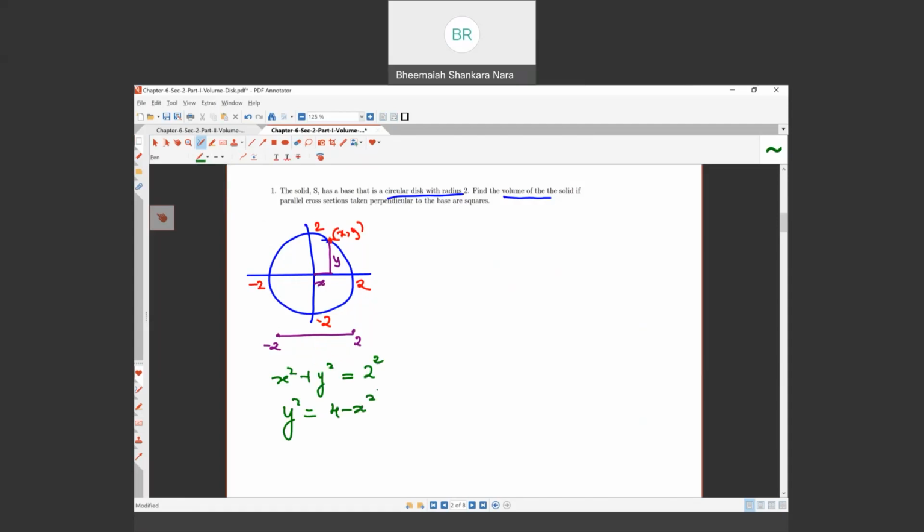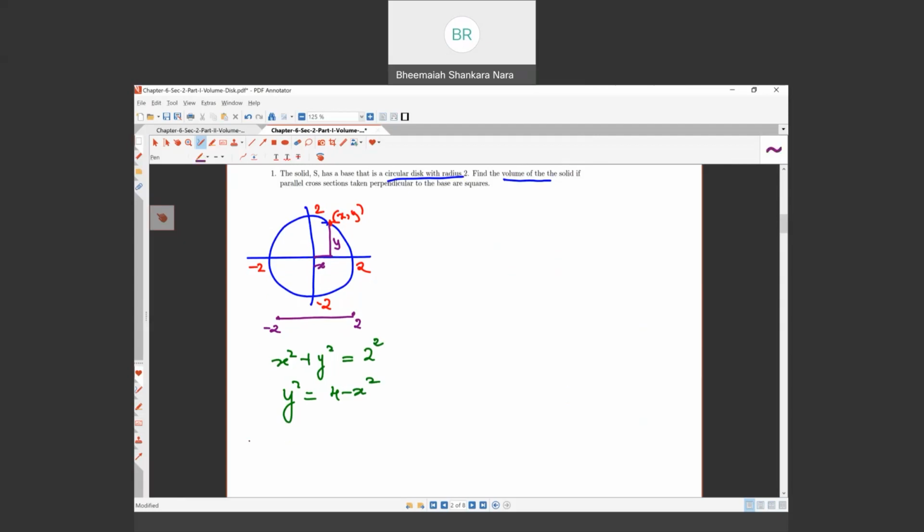And in the problem, you're given that the parallel cross sections are taken perpendicular to the base, which means you define the variable dx here in the problem as the integral which is perpendicular to the x-axis.